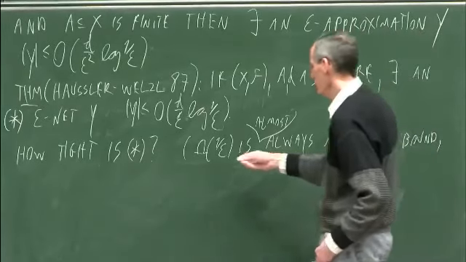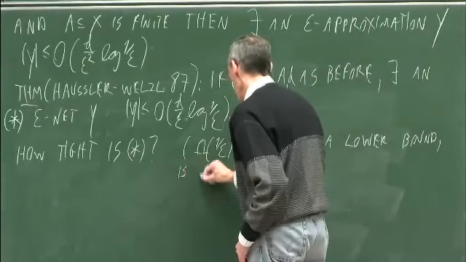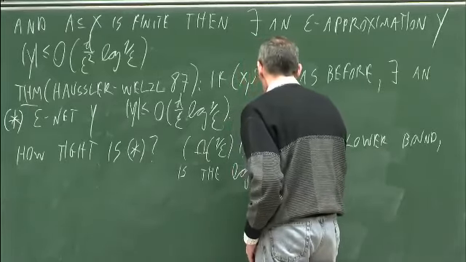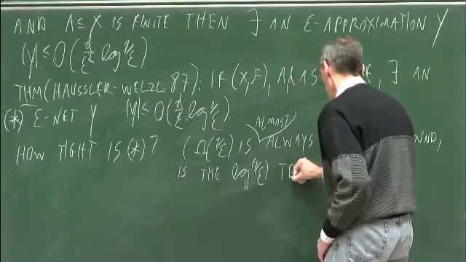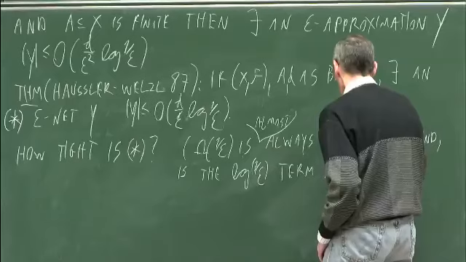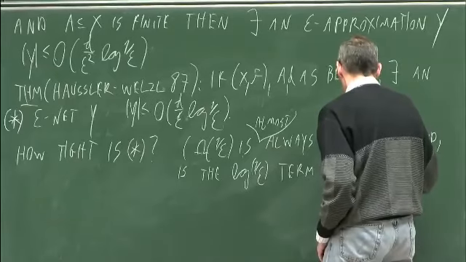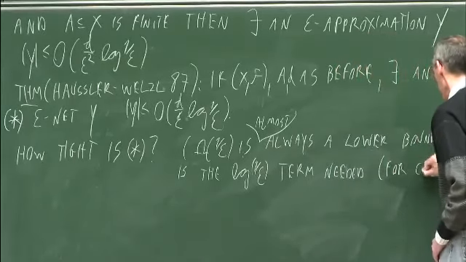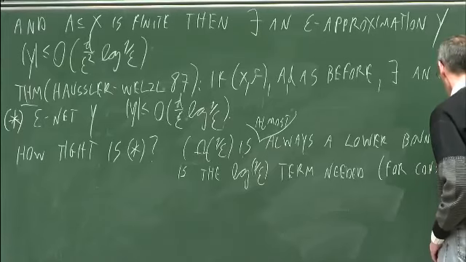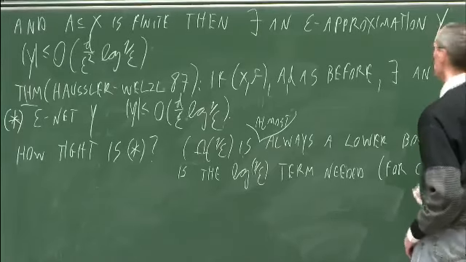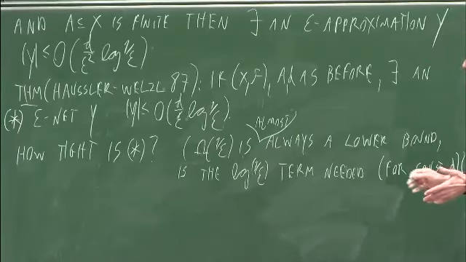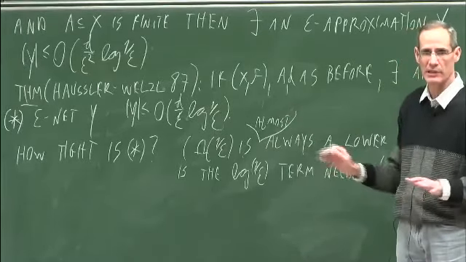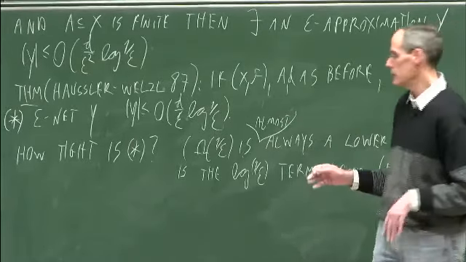And what we want to know is, is the log 1 over epsilon term needed, for constant d? For d equals 1, actually it is not needed. For d equals 1, the structure is very simple, and we understand it, and it is not needed.